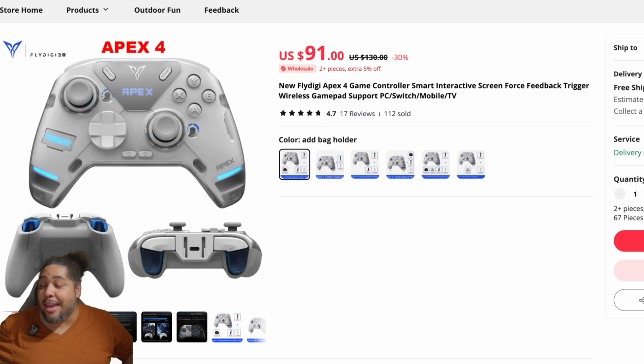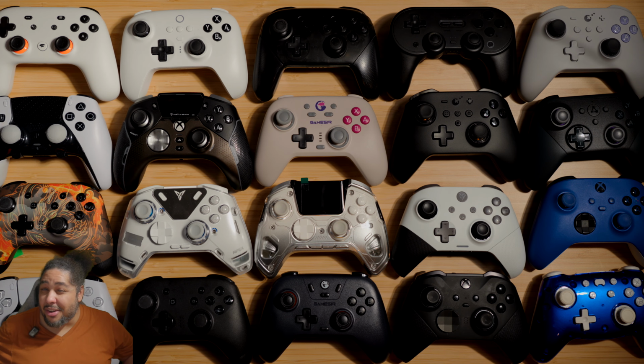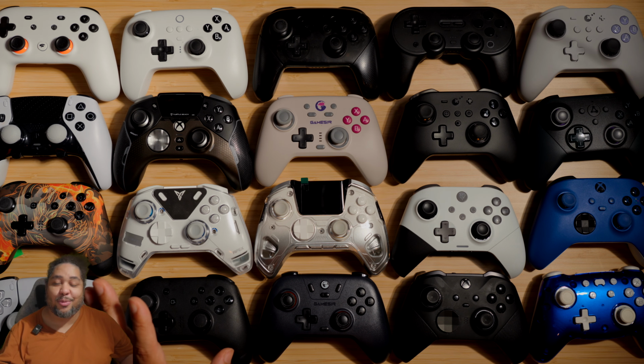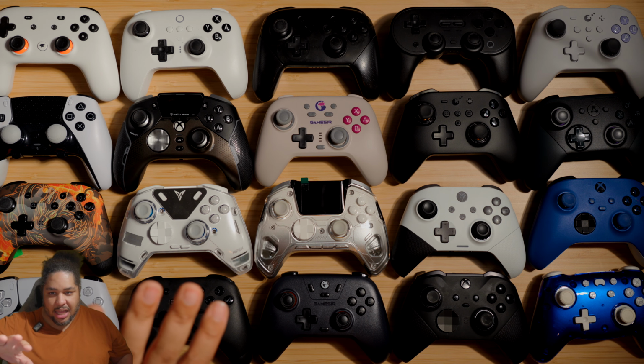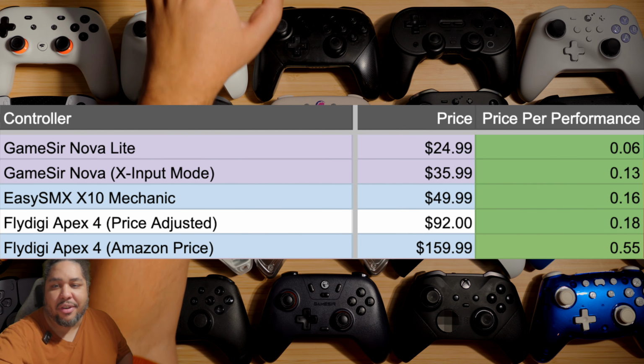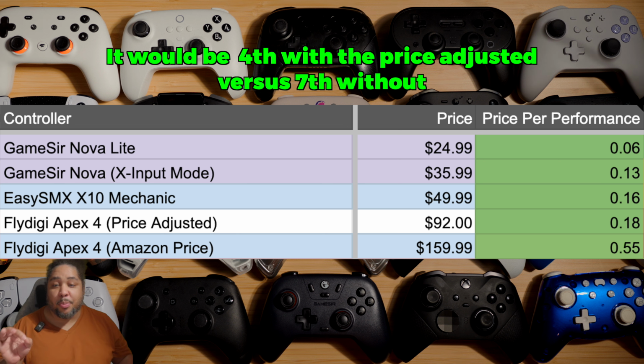If it was $100 on Amazon, just like it is on AliExpress, oh boy, I'd be so excited to review that controller. Please stay tuned for that product review. Just know that it came very, very close in terms of price per performance, because it's that good.